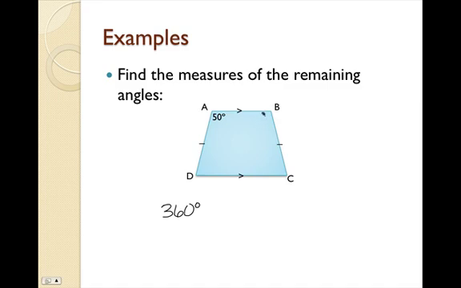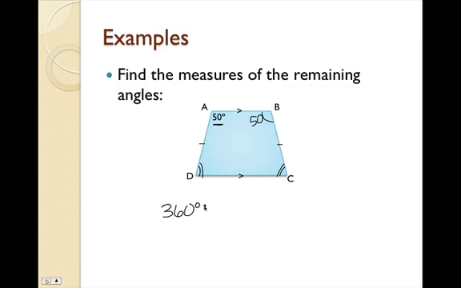Since this is an isosceles trapezoid, angle B is going to equal 50 degrees because our base angles have to be congruent. So angle B also equals 50 degrees. Now we just need to find angle D and angle C. These will also be congruent angles, by definition of an isosceles trapezoid.